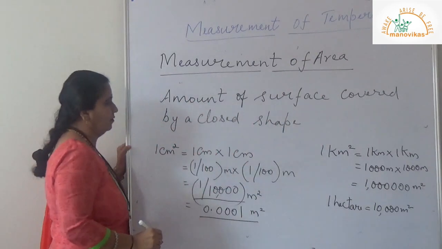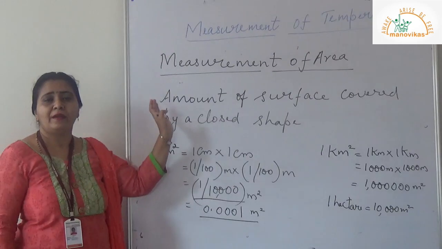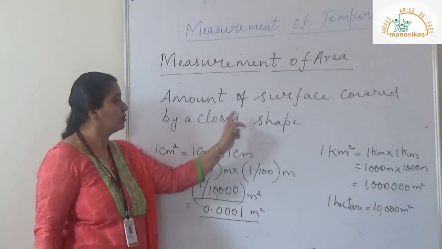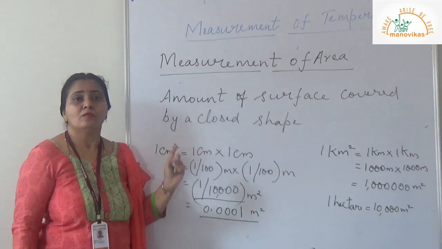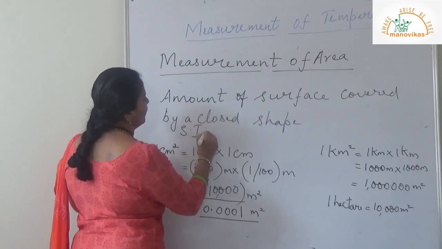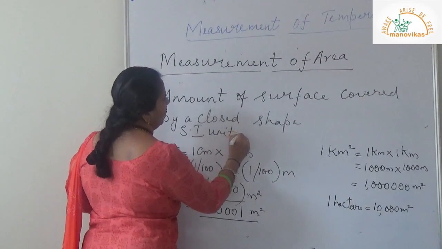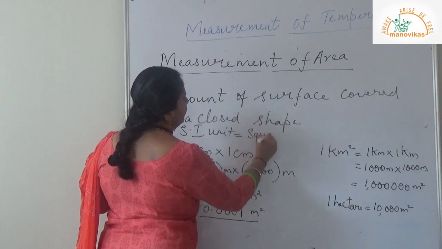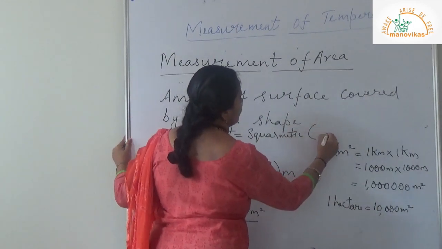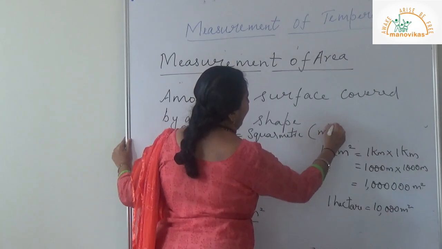Now the SI unit of area is square meter. In symbol we write it as meter square.